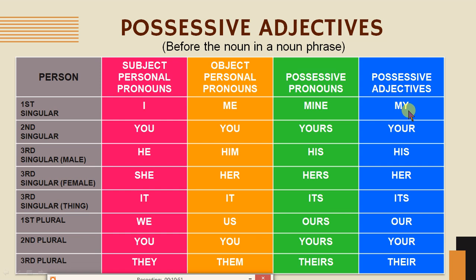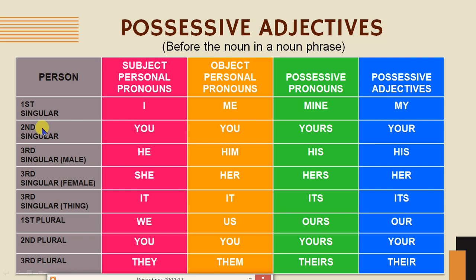So you are able to see in this flow chart in a first singular, according to the flow, it changes from one to another. You are able to see SPR converts to OPR, which is different. OPR if converted to PR or possessive pronoun, it used to be mine. And mine will be converted to possessive adjective, it used to be my.